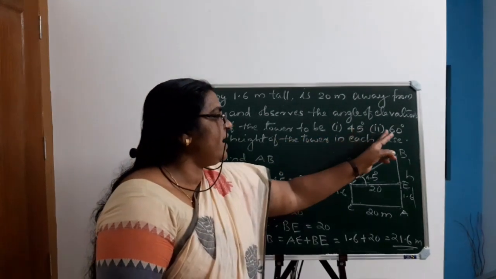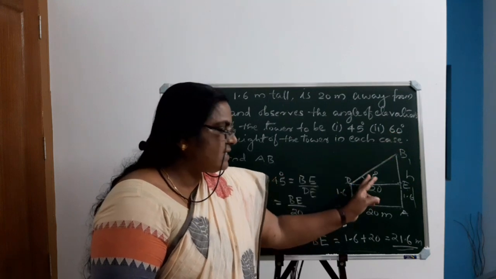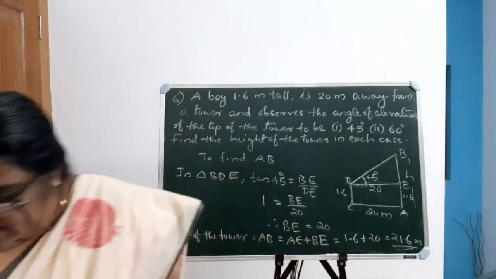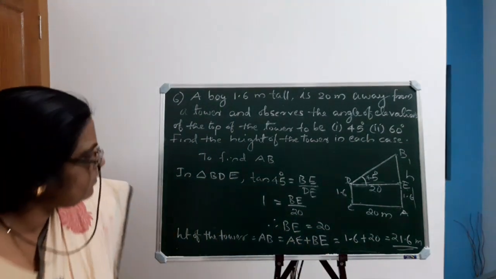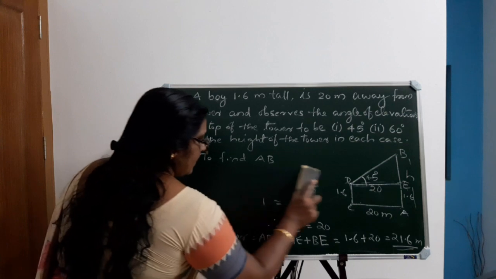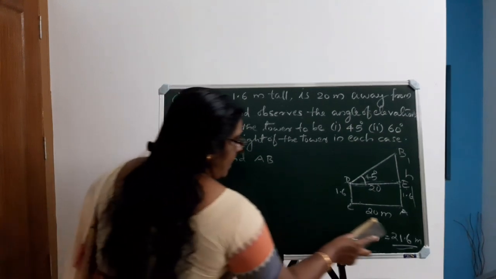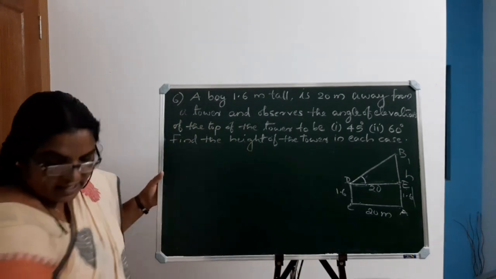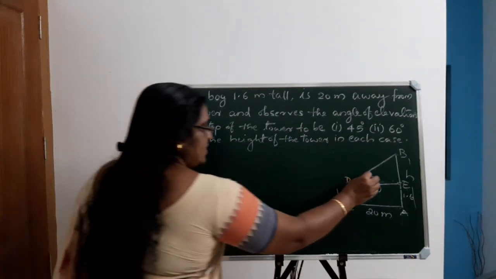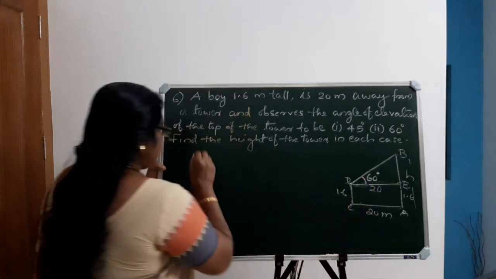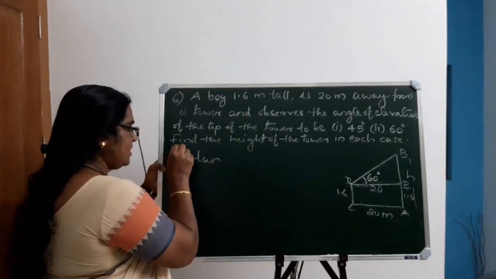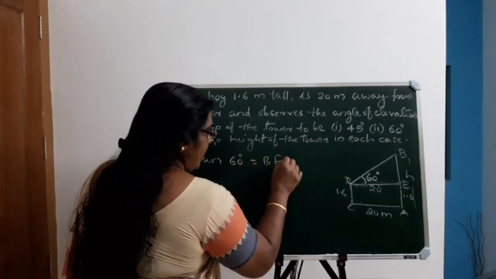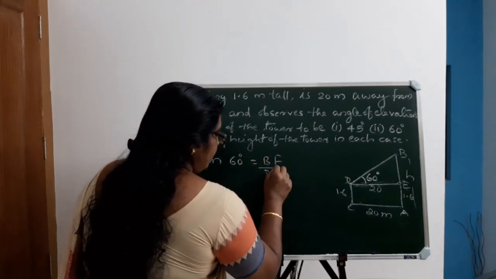And second case, when angle of elevation is 60 degree, this angle is 60 degree, what is the height of the tower? The same way we can do that one. So this is 60 degree. So tan 60 is equal to BE divided by DE.